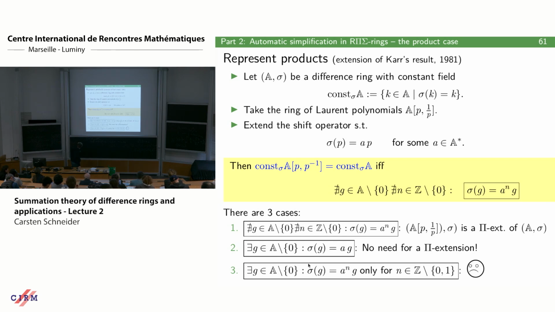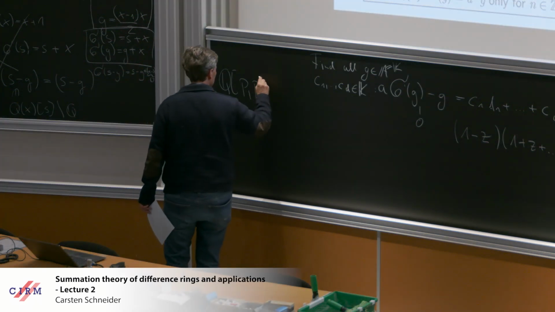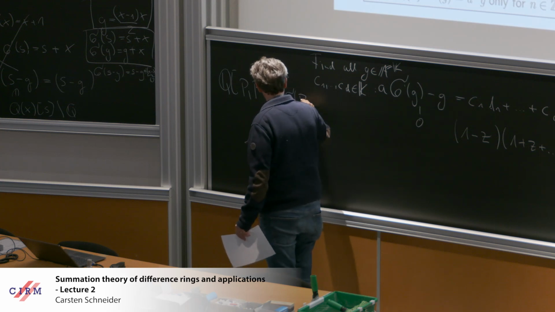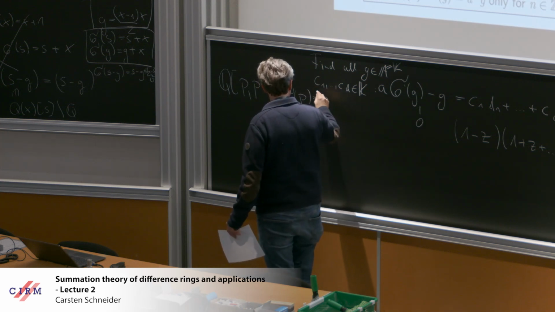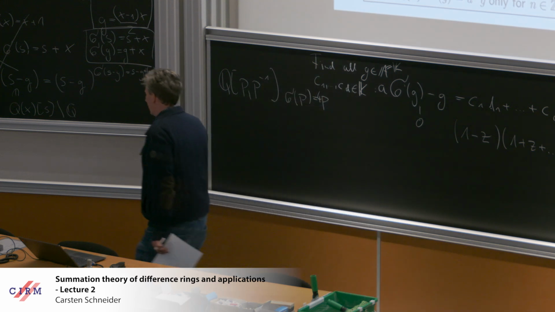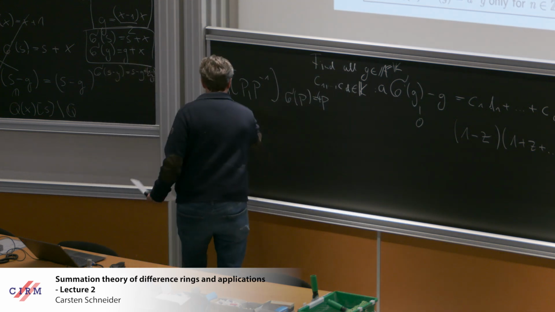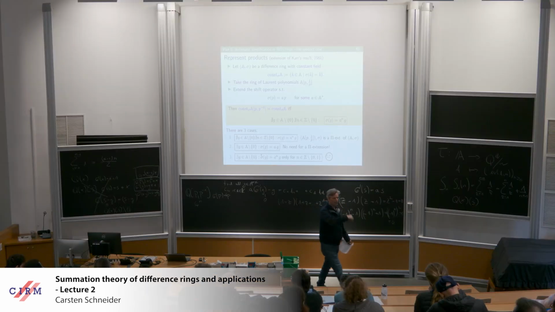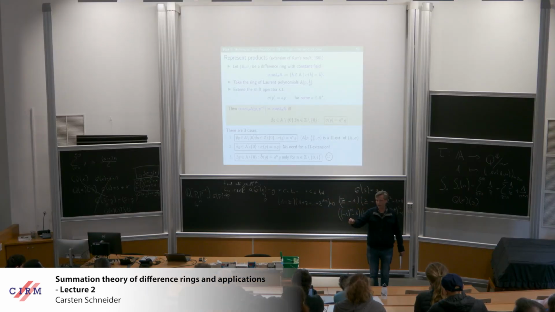And maybe I can show you here a quick example. For instance, I start with Q. I join a new variable, and I say, for instance, sigma p equals p times 4. So this represents basically the object 4 to n. I shift 4 to n, I get 4 times 4 to n. Okay?